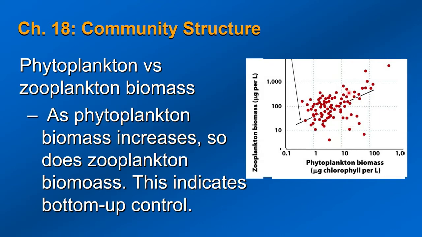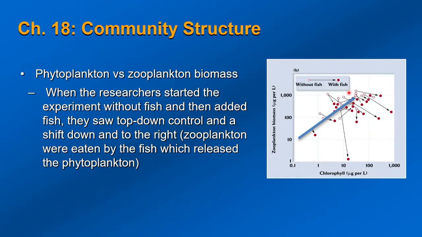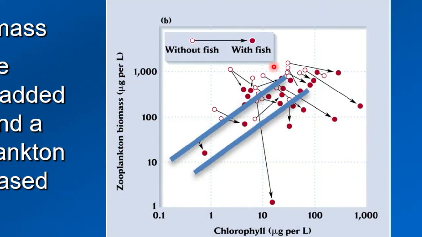Now, this was in a system that had fish. Take away the fish, and without the fish, it's the clear dots. Add the fish, the system shifts down to the right, okay?